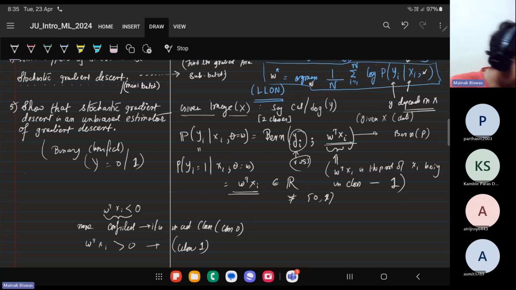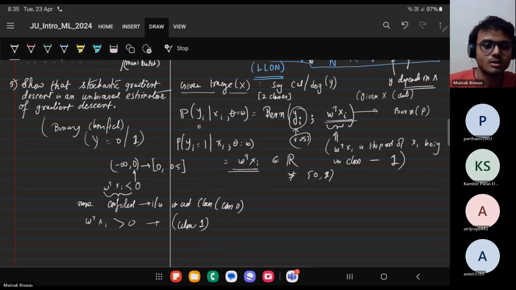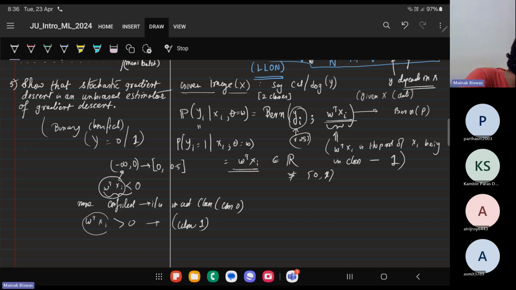Therefore, I want to convert everything from minus infinity to 0 to which probabilities? 0 to 0.5. Yes or no? All the W transpose X values between minus infinity and 0, I want to convert to 0 to 0.5, since it has to be a probability. And values greater than 0, I want to convert to 0.5 to 1.